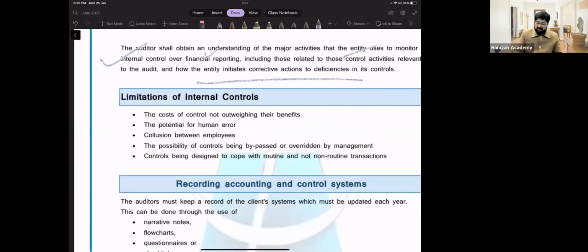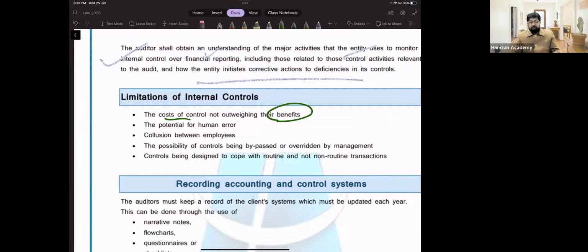First of all, cost benefit. Controls have cost. When you implement controls, they have cost. So the benefits derived from a control should not be less than the cost. Cost should not be higher.